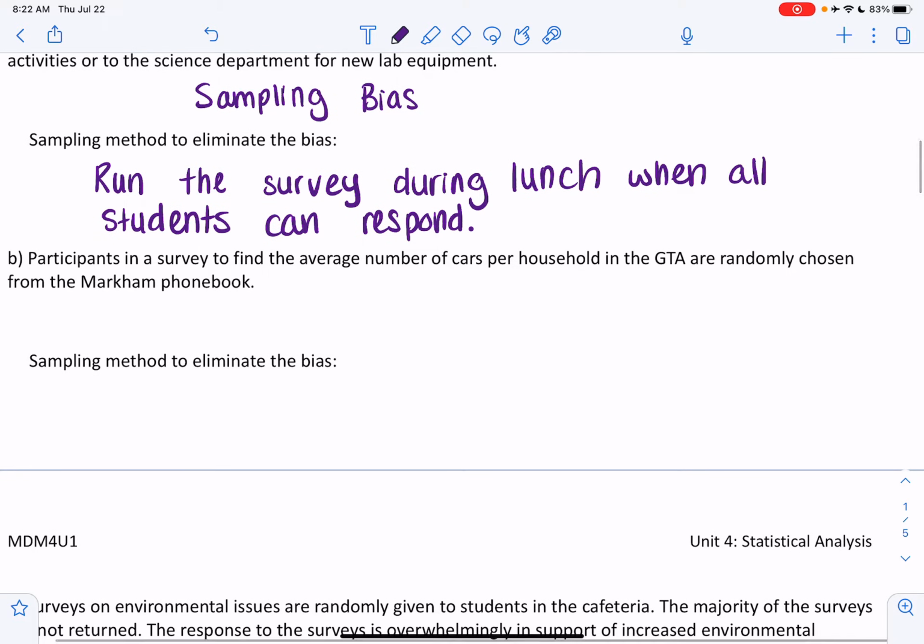So for example, B, participants in a survey find the average number of cars per household in the GTA, and they're randomly chosen from the Markham phone book. So what we want to do is, what is the bias here? This is an example of measurement bias.